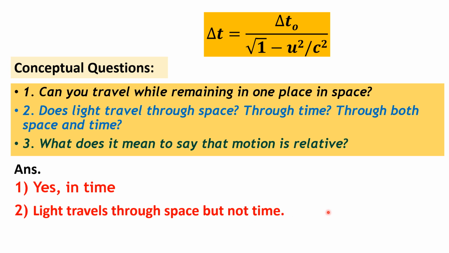Neither can light travel through both space and time. And for question 3, when we say motion is relative, we simply mean that motion is with respect to a frame of reference.